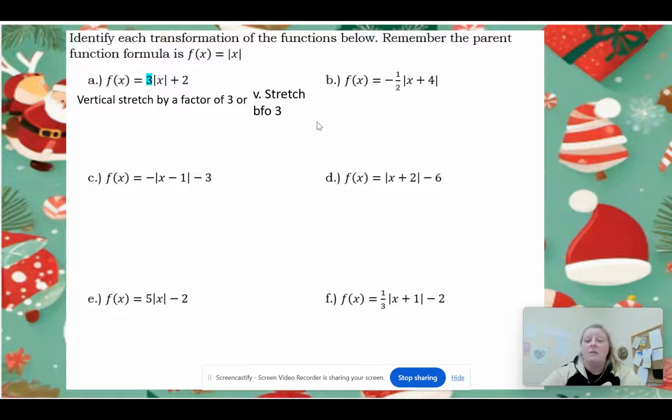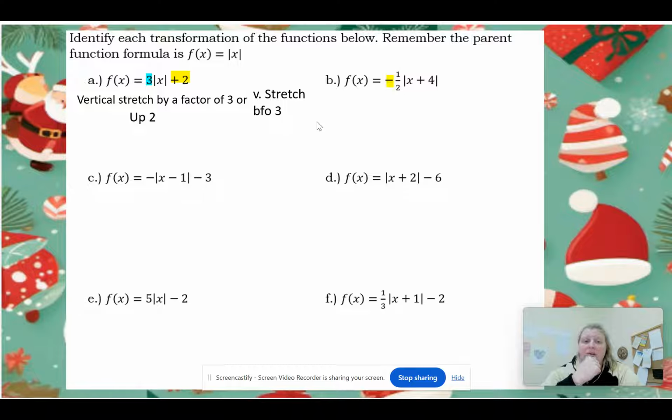So you got to tell me everything. You got to tell me that it's a vertical stretch, and then you have to tell me the factor, by a factor of 3. And then that +2, because that is outside of your bars, that means you're going to go up 2. If it was inside of your bars, then it would be a left or right scenario, but it's outside.